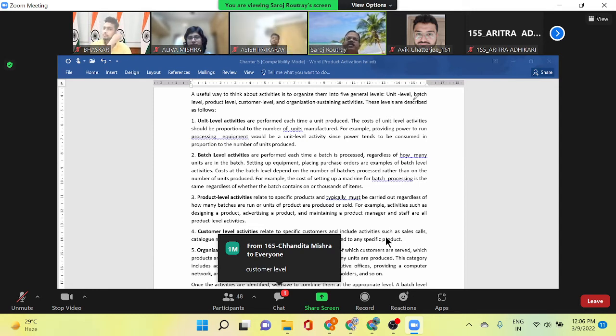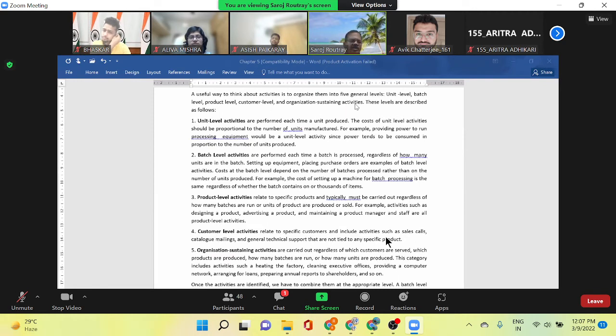Yes, it is a customer level activity, because product level activity is like, I'll give one example. One customer orders a specific design of a product, a particular product which is to be designed in a particular way.